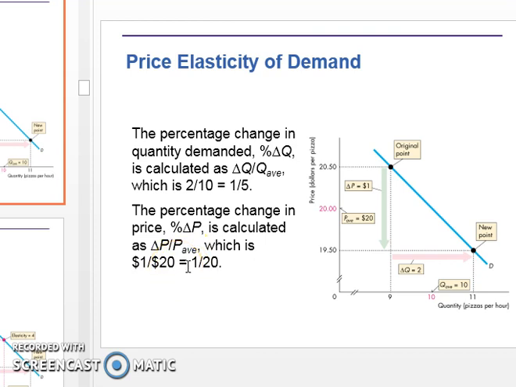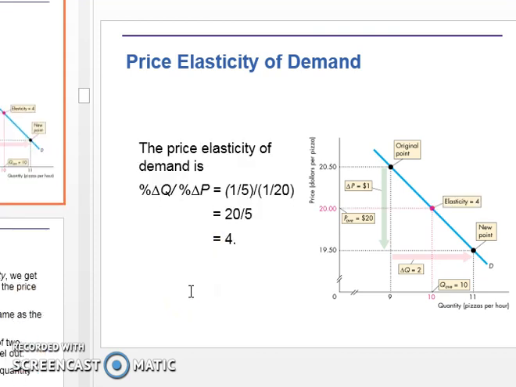Now it becomes 1 over 20. Now when we divide the percentage change in demand by the percentage change in price, it becomes 4.